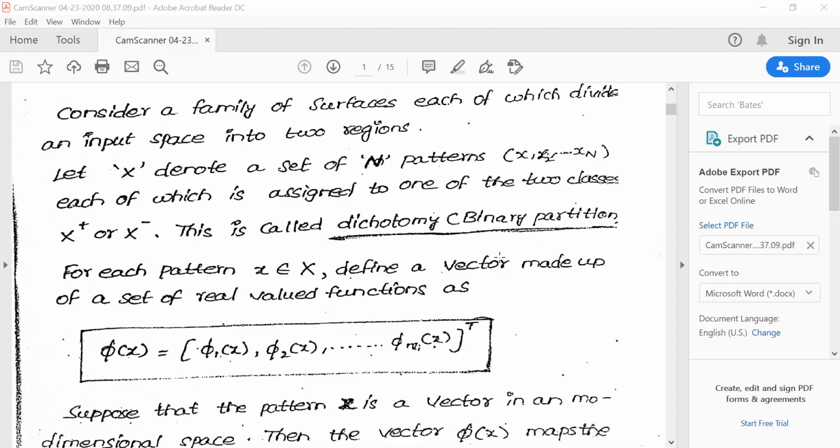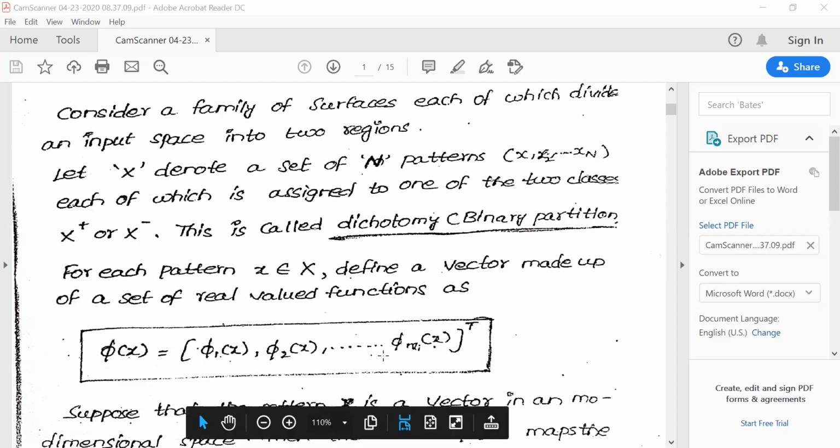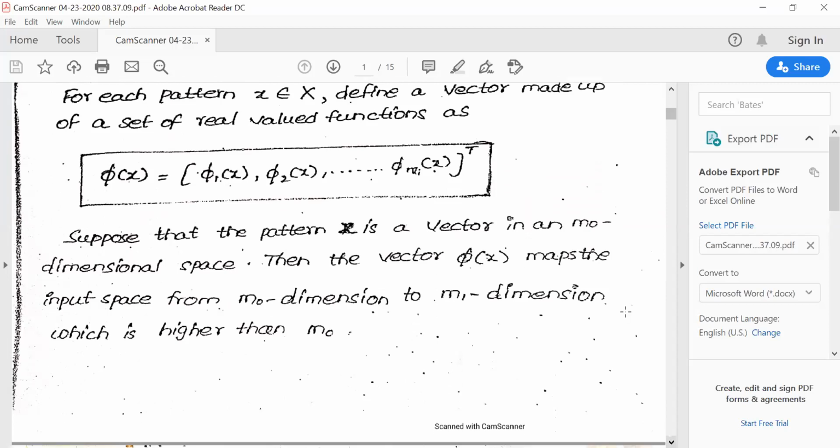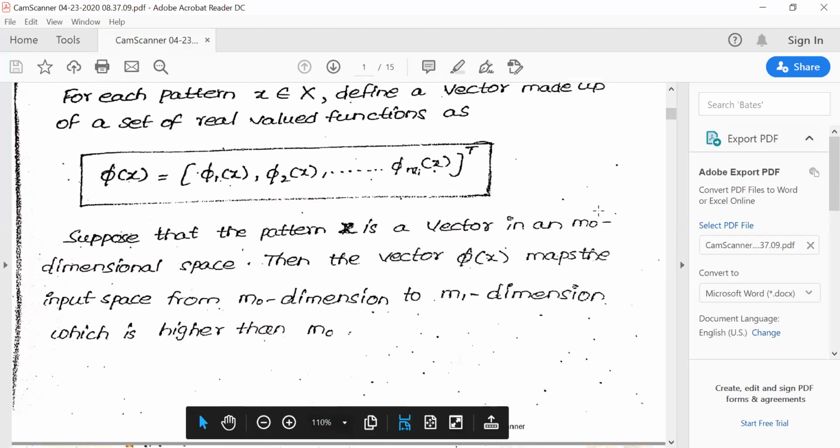Okay, so if this is the problem, a binary classification problem, then for mapping that input space into a high dimensional space, you need to use a vector of real valued functions, a set of real valued functions. Phi of x is equal to phi1 of x, so on to phi n of x, based on the number of functions required according to your problem definition. It depends on the problem you are solving.